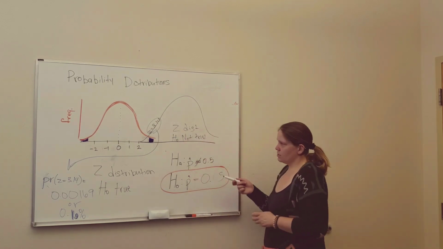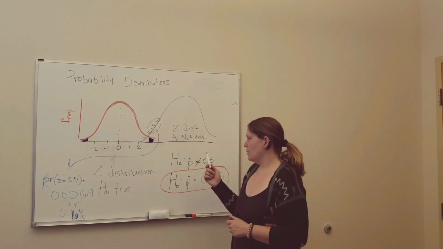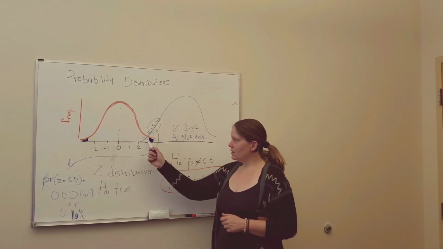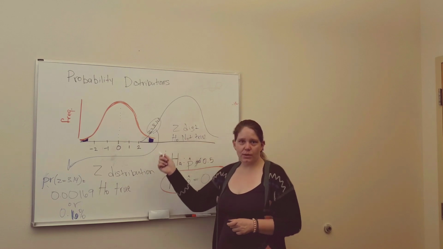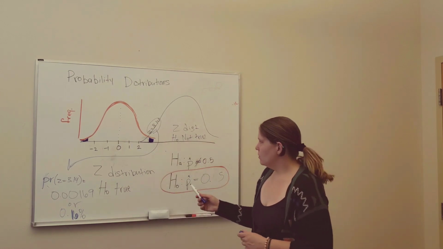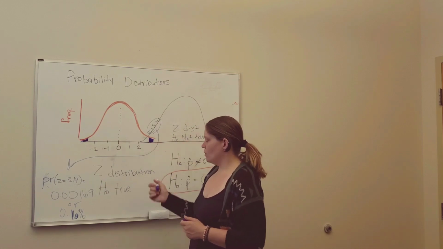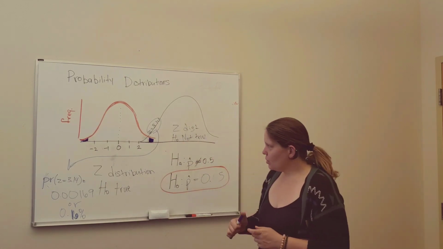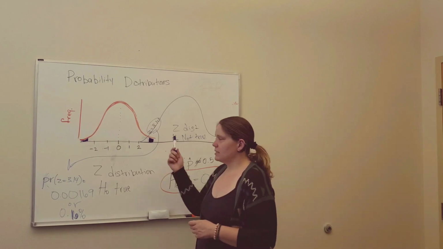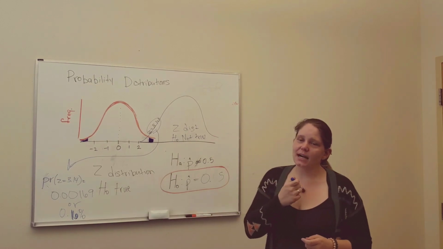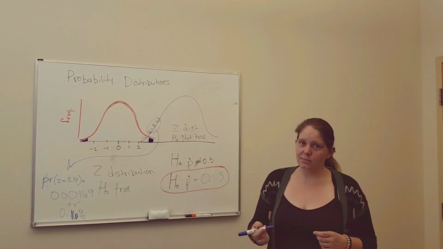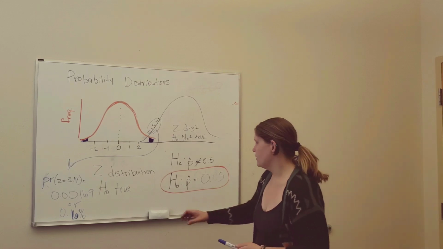So this is what a z-distribution would look like if our null hypothesis was not true. There is a little bit of overlap here because that's where that error is occurring, right? The high values in this tail and the low values of this distribution tail do overlap. So basically, when we get values like this, we're accepting some sort of risk. So we have to decide up front what that error rate is going to be and how much of that risk we're going to allow into our experiment.